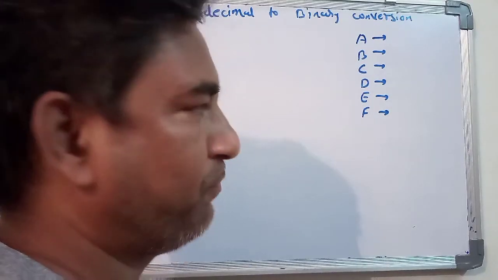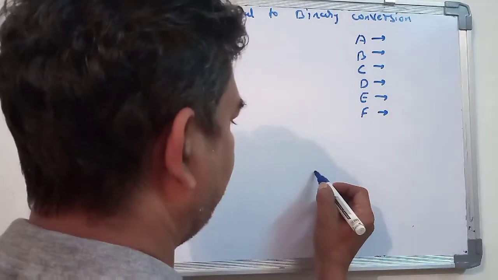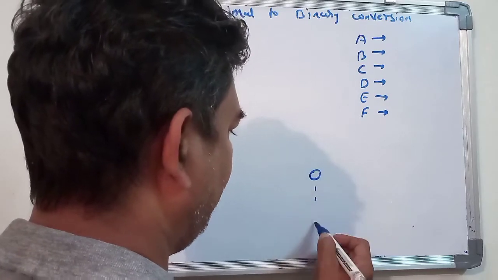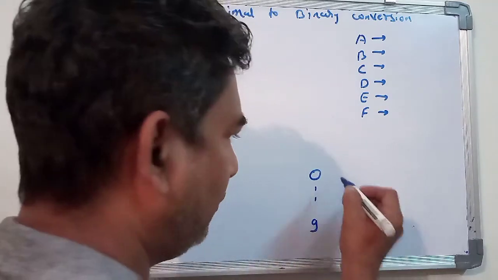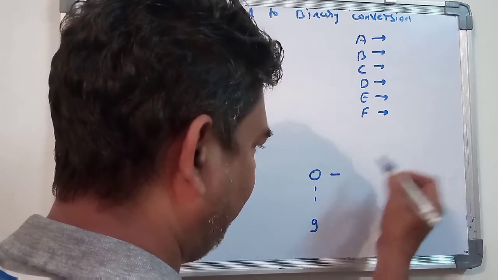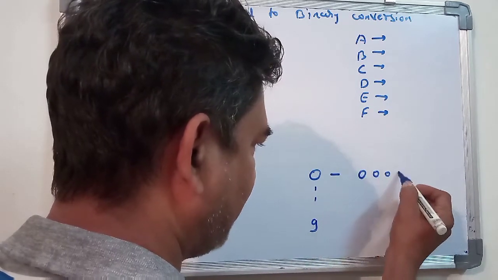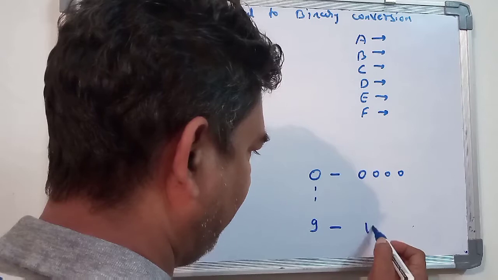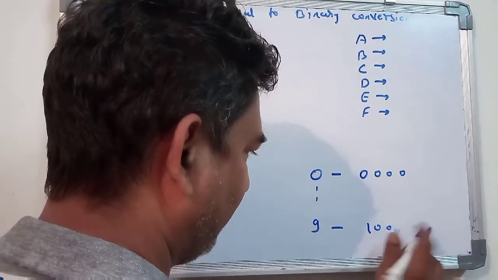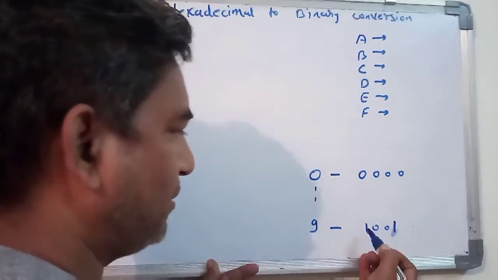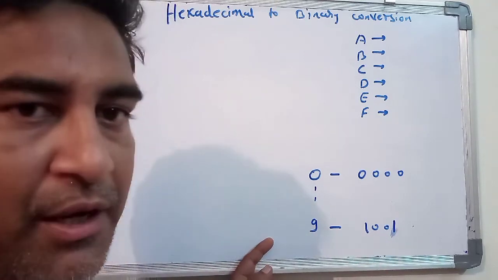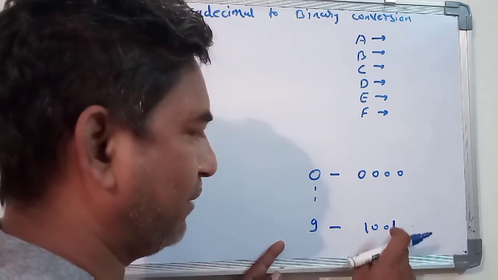Keep in mind that from 0 to 9, in 4-bit binary you write 0 as 0000, up to 9 as 1001.